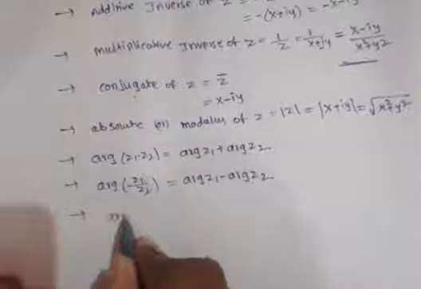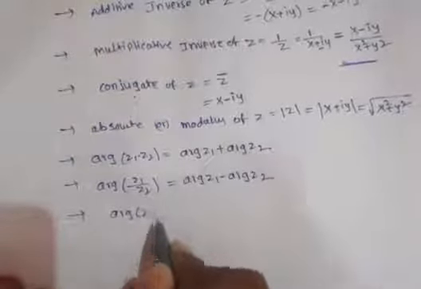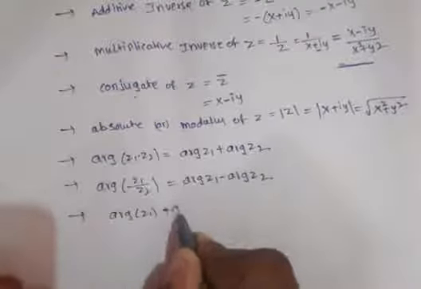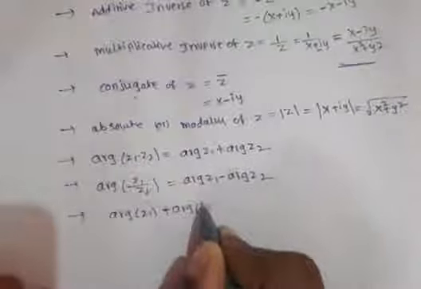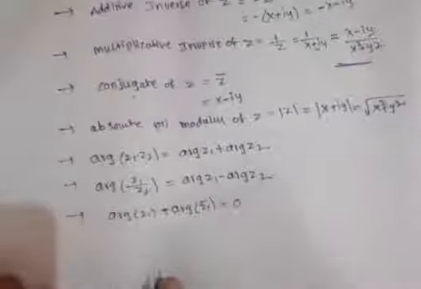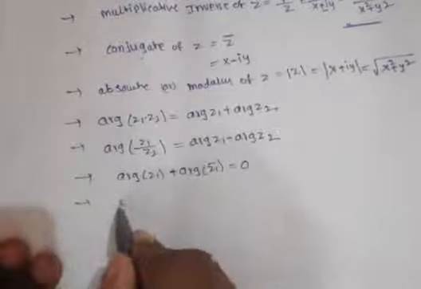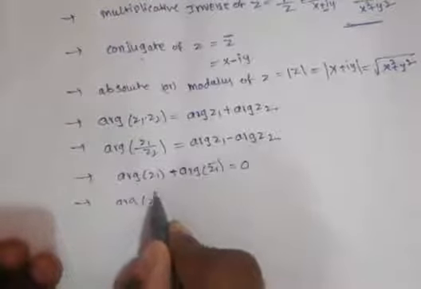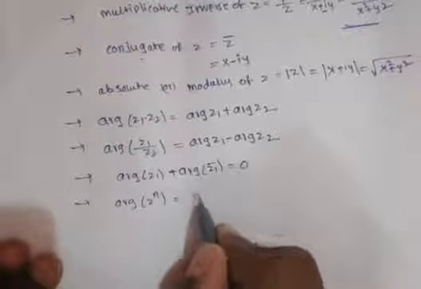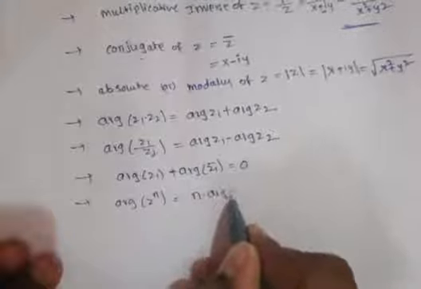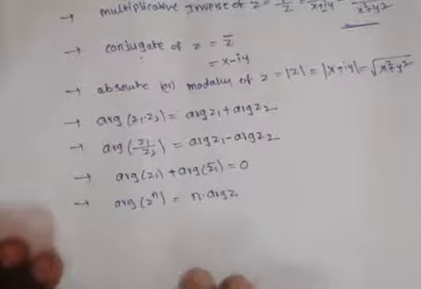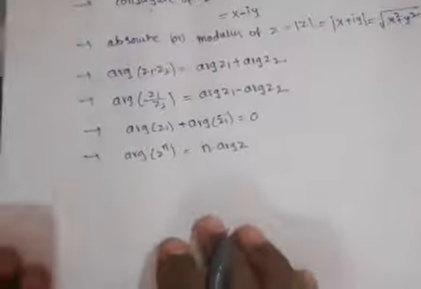Argument of z plus argument of z bar is equal to 0, and argument of z to the power of n is n into argument of z. These are all argument properties.